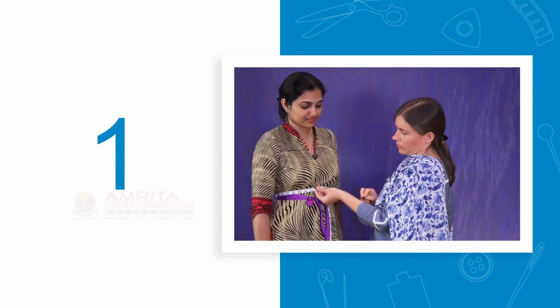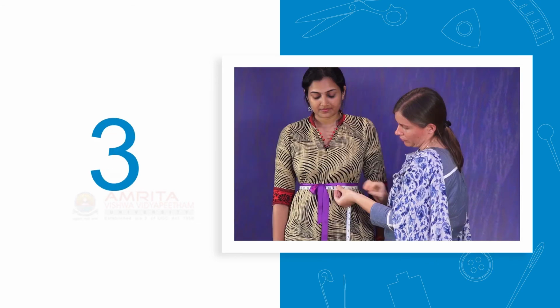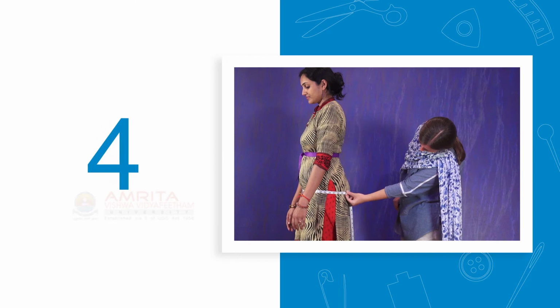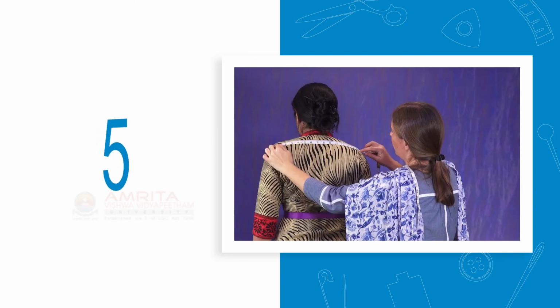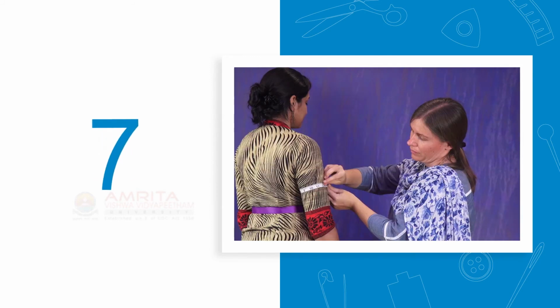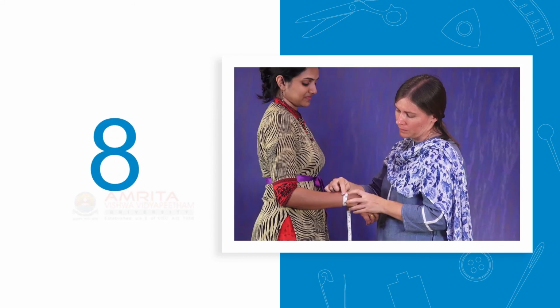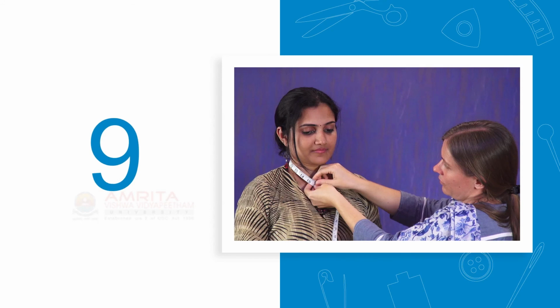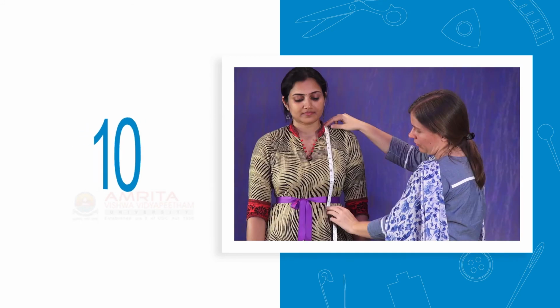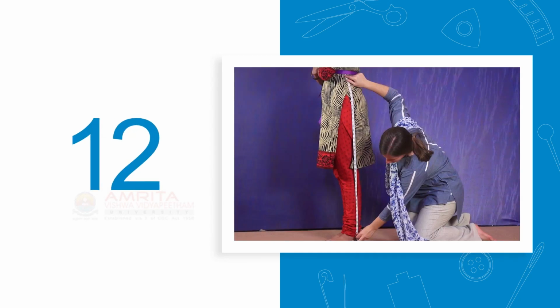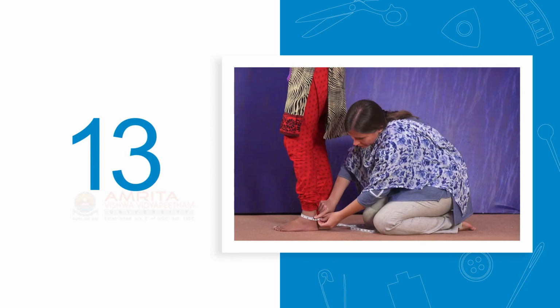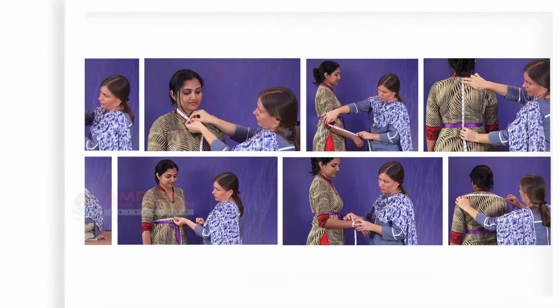The various body measurements required for a garment are bust circumference, underbust circumference, waist circumference, hip circumference, shoulder width, sleeve length, upper arm measurement, wrist measurement, neck measurement, back length, front length, outside leg measurement, calf and ankle measurement. With that, we've come to the end of this session.